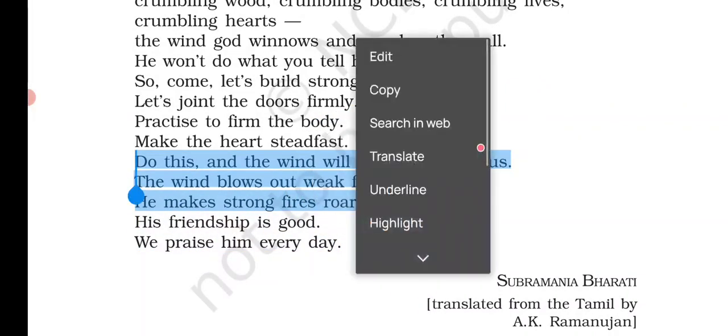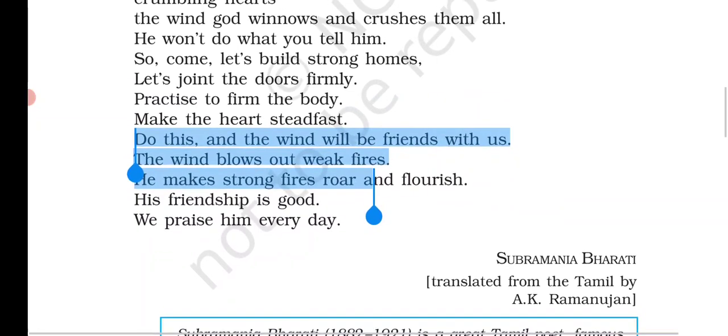See, he has used so many pronouns for the wind: his, him, you, right? So it is an example of personification. Now in this paragraph, children, the poet is referring to wind as a wind god. This is again one facet of wind, that it is like a powerful god.